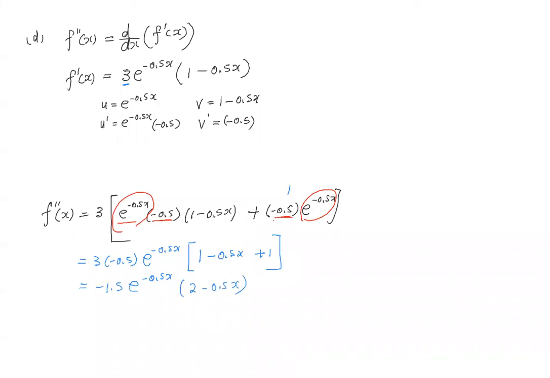Okay, so we want f double prime to be equal to 0, correct? So f double prime x equals 0. That means this whole thing equals 0. So what should I write as the next step? Yeah, Madeline?